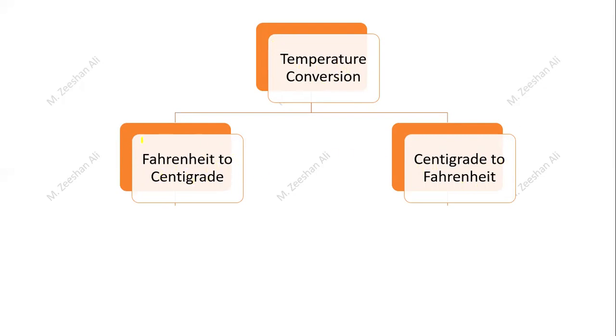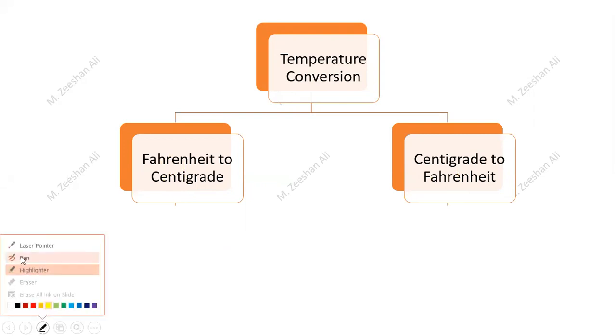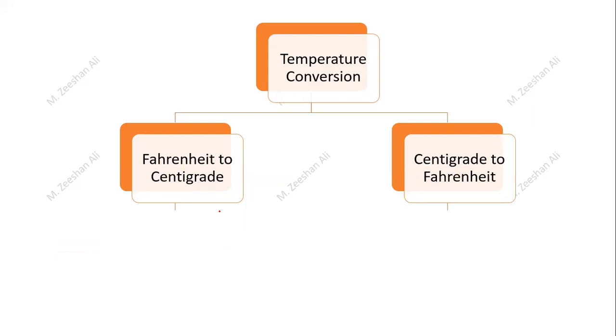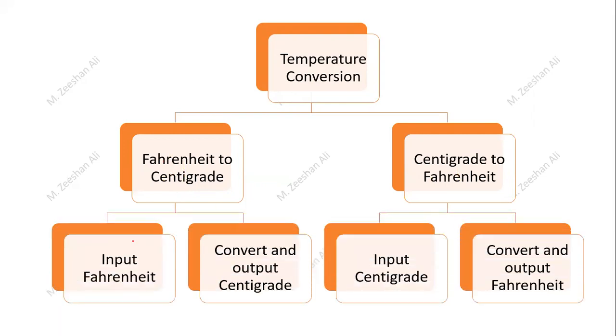And if we are going to work on this one, Fahrenheit to centigrade, what will be the subsystems of this subsystem and what will be the subsystems of this one? Okay, let's see. We have two more subsystems.